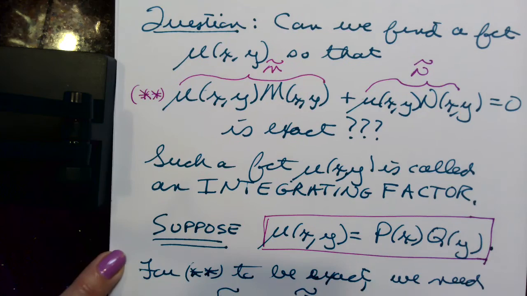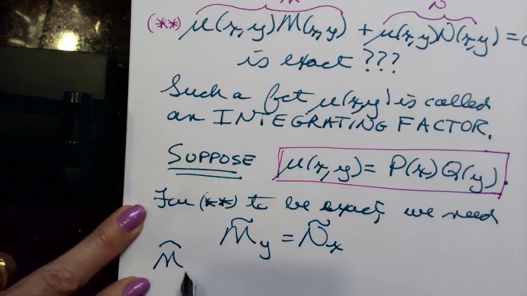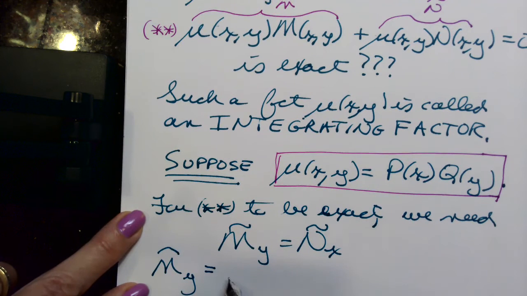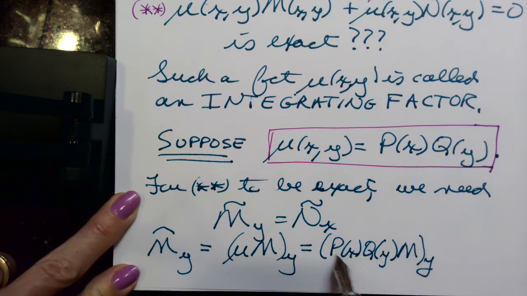Okay, so what is M tilde sub y? M tilde sub y is the partial with respect to y of mu M, but mu is p of x, q of y, times M, and we take a partial derivative with respect to y. Well, when you take a partial with respect to y, p acts like a constant.